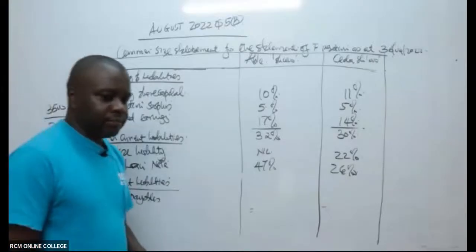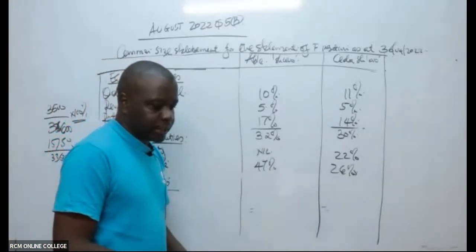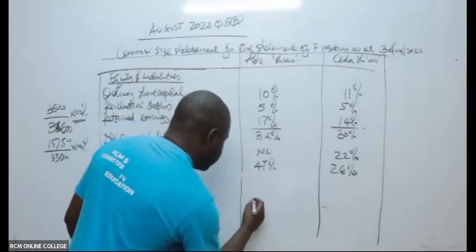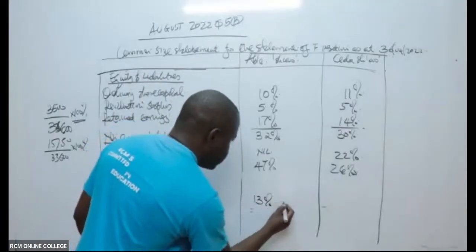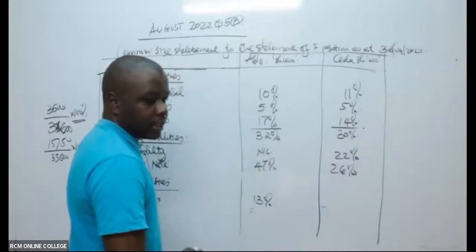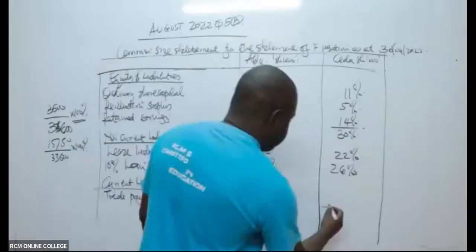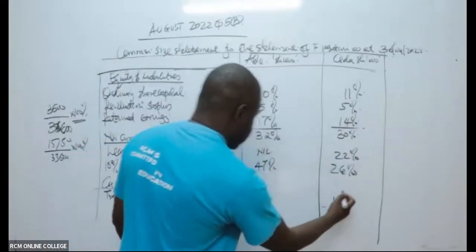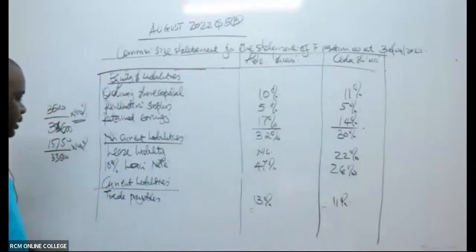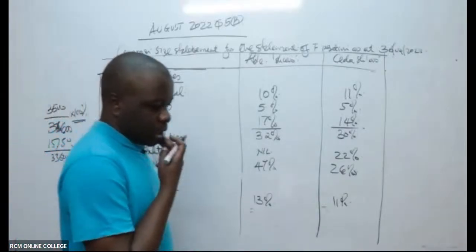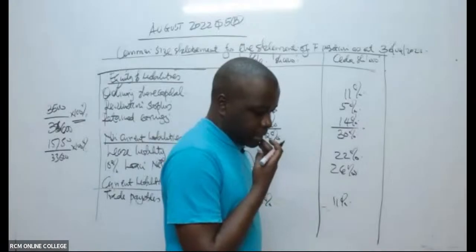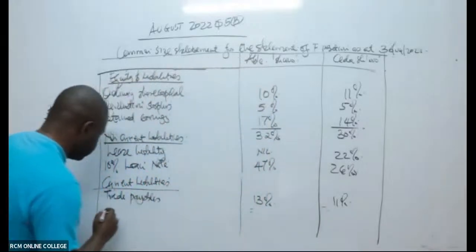So I can see 13%. There's 13% and what percent? 13% and 11%. So after trade payables, we have lease liability and current tax.